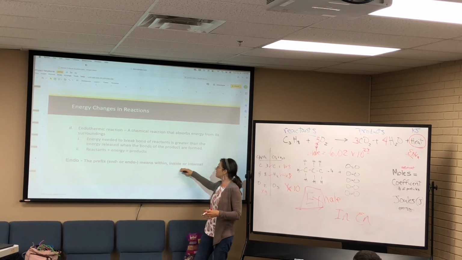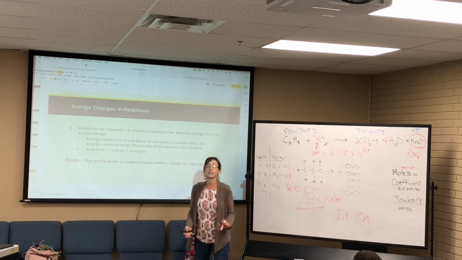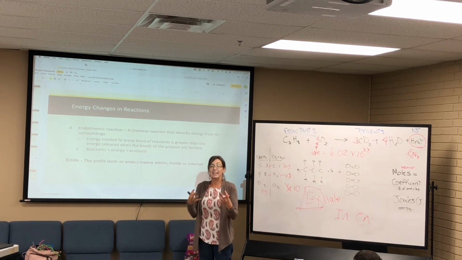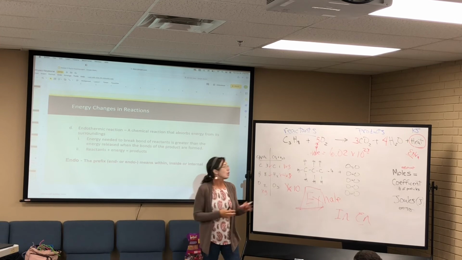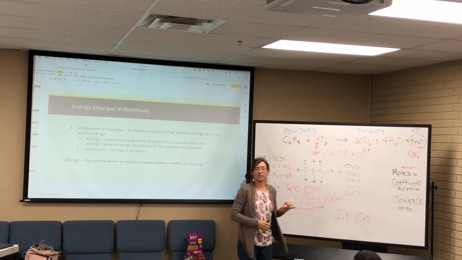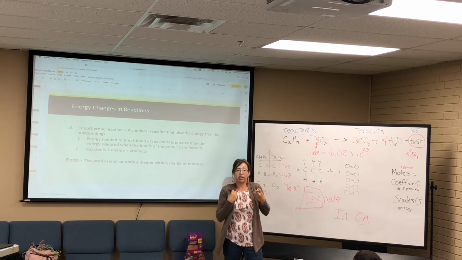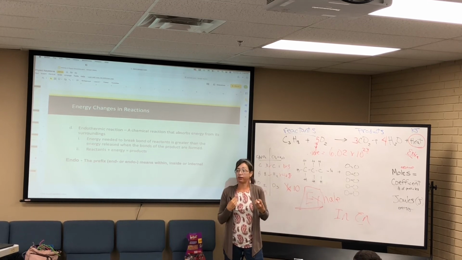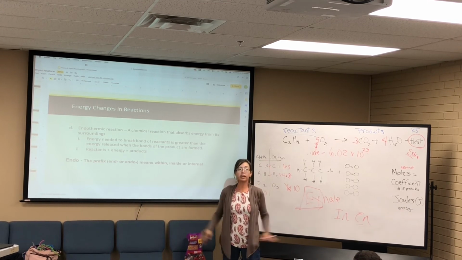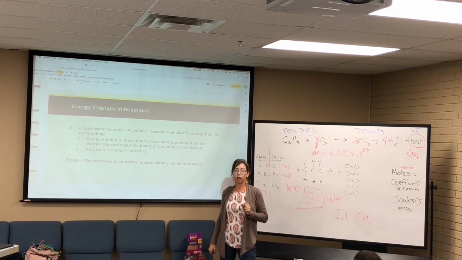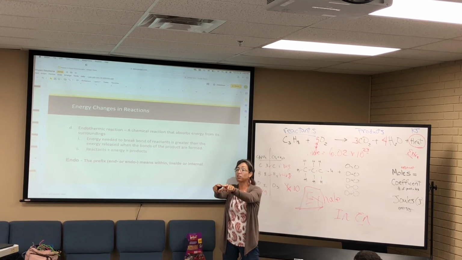So within, inside, or internal, we are looking at endo. We're looking at something in and inhale. So if this reaction needs to inhale some energy to make it happen, where do we get our oxygen, our air and our breath to inhale? Our surroundings. From our surroundings.